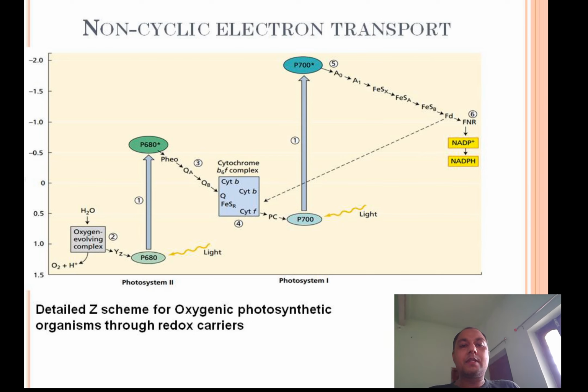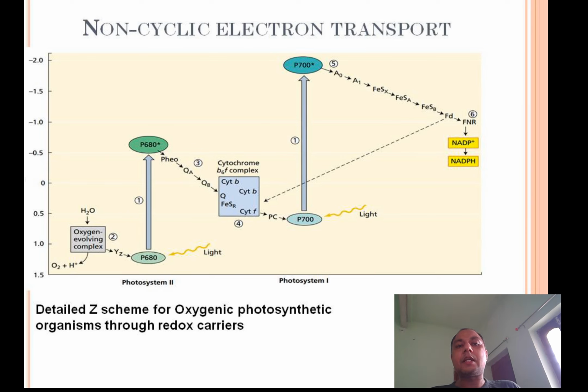Whatever happens with P680 also happens with P700, which is the reaction center of photosystem I. So in simple language, in the very first step, light excites the electron from P680 as well as from P700.